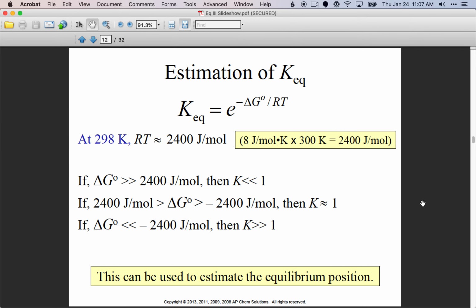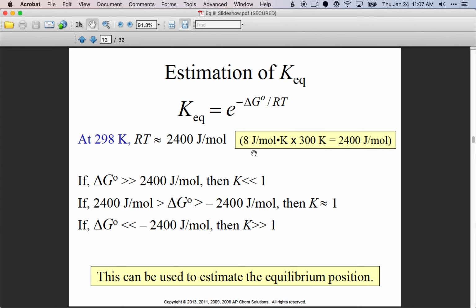Now, we could estimate using K equilibrium. So this is the second equation that was on that last slide. We can assume that standard state, we're talking about 298 Kelvin, and if we multiply R, which is approximately 8, times 300, we would get about 2400 joules per mole.